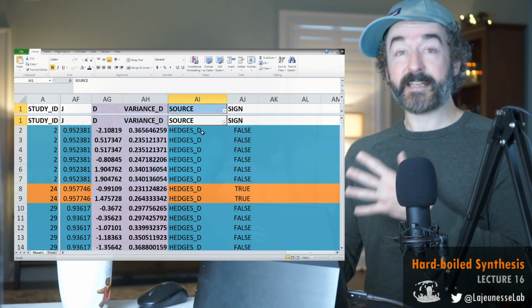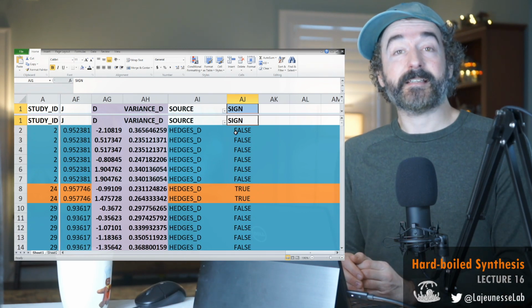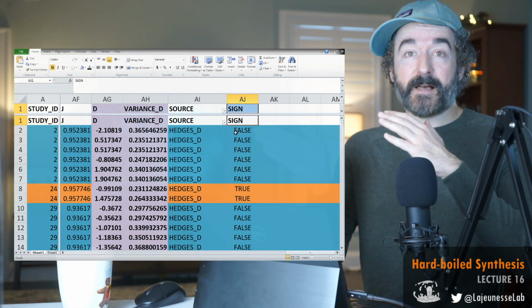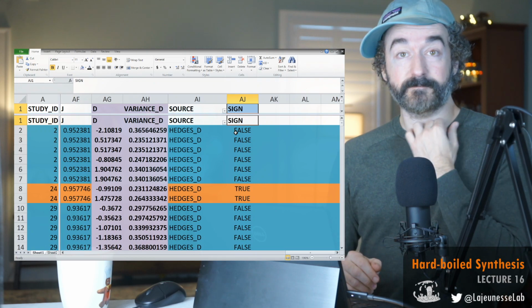And then I have this new column called Sine. The sine column is something I use to change the direction of the effect.